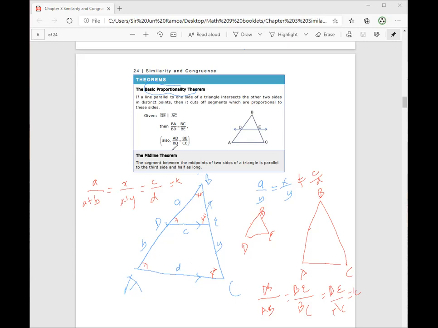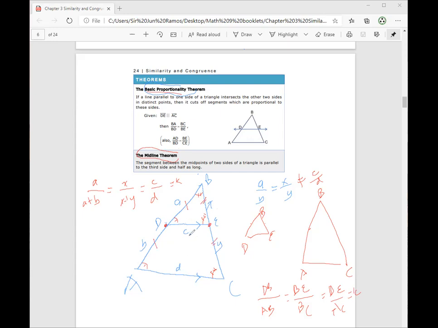Okay. Now, the midline theorem is a special case of the basic proportionality theorem where the third side here intersects the two sides at the midpoints of the two sides. So this is congruent to this and this is congruent to that. That's a very special case.